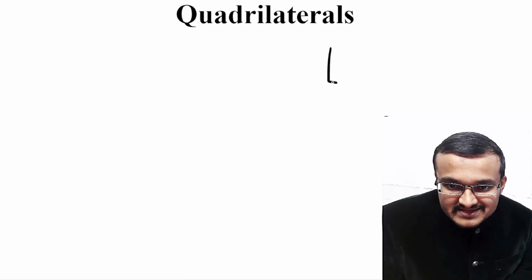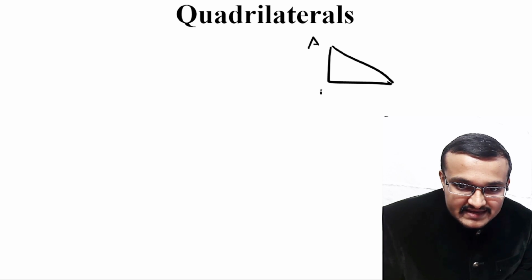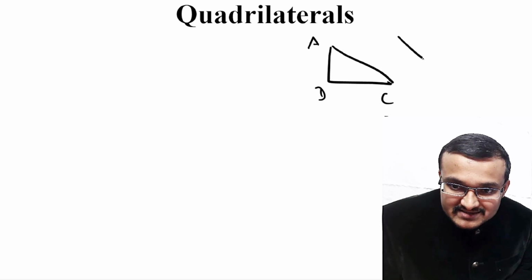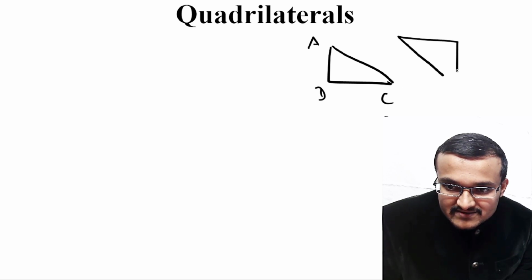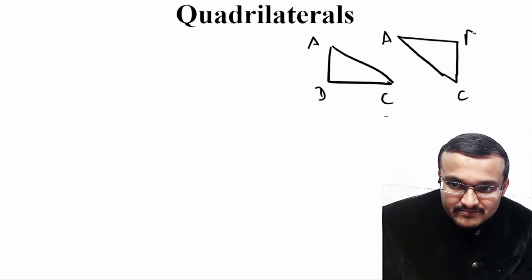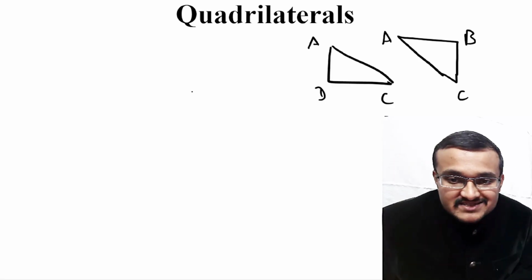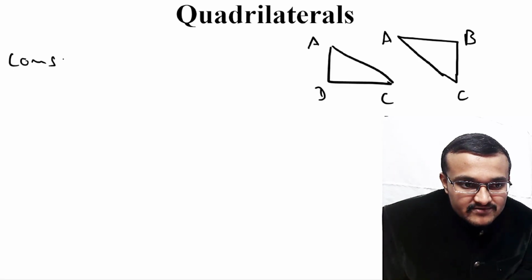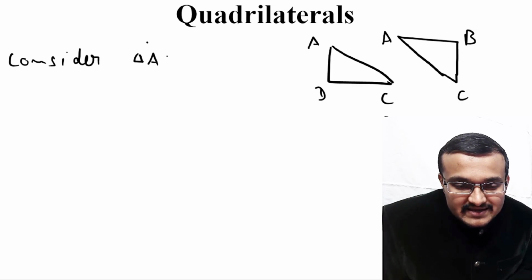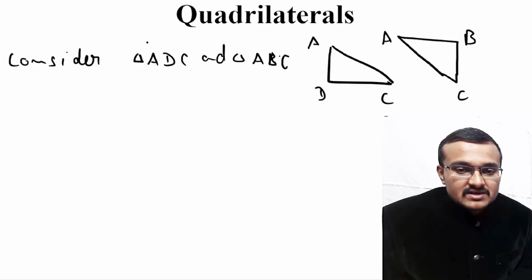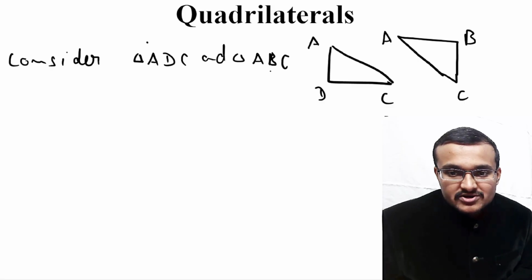Now we will consider these two triangles, that is this triangle ADC and this triangle ACB. Consider triangle ADC and triangle ABC. Now we will prove these two triangles are congruent with each other.